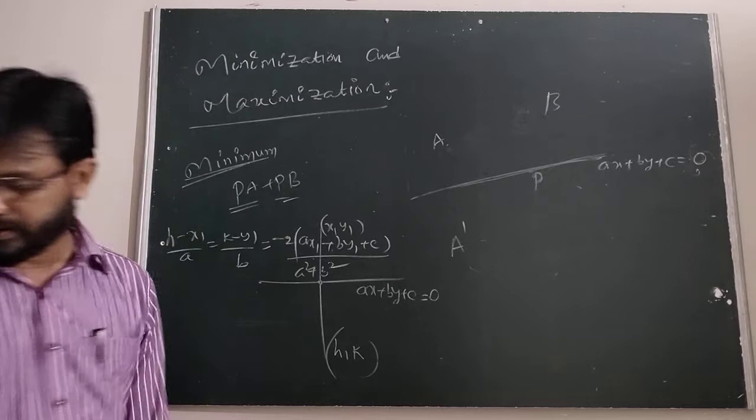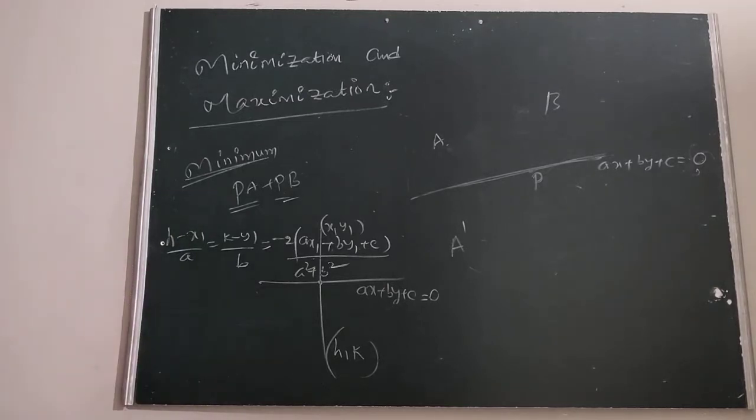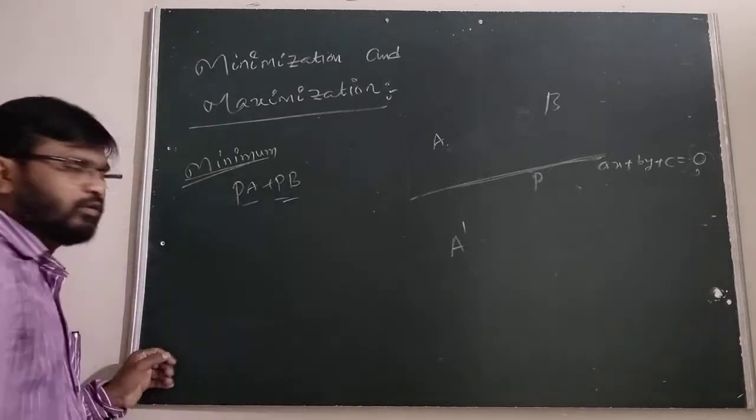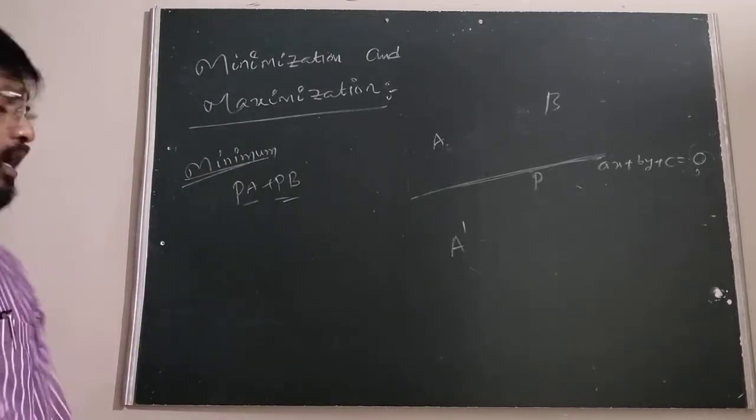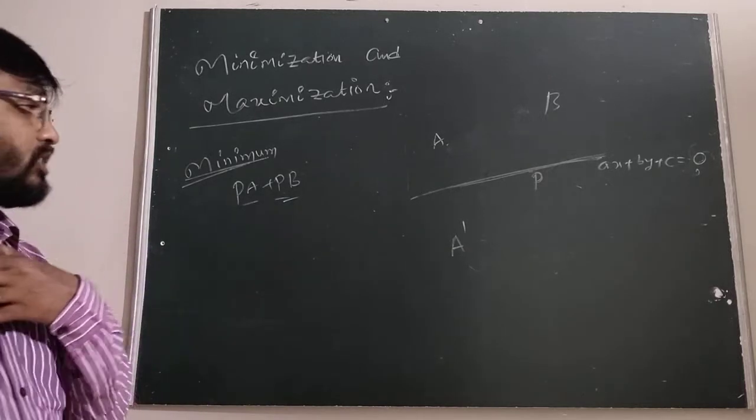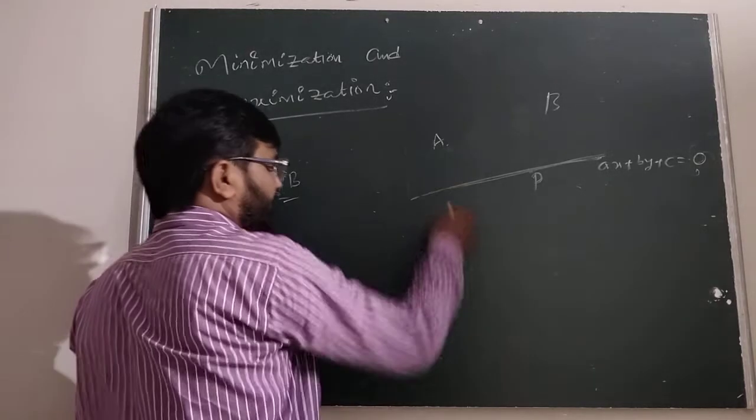This is the image. Now when you observe that the points are on the same side, how to find the minimum distance of PA plus PB? Just think the image of A is A dash.